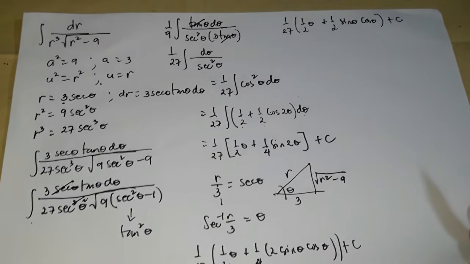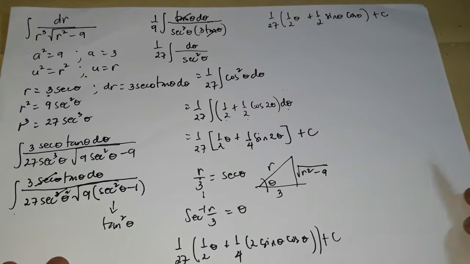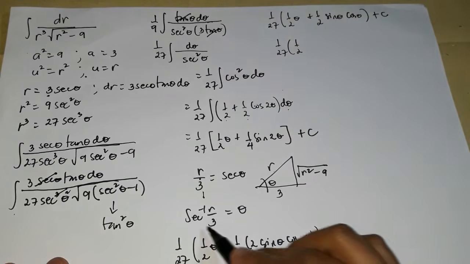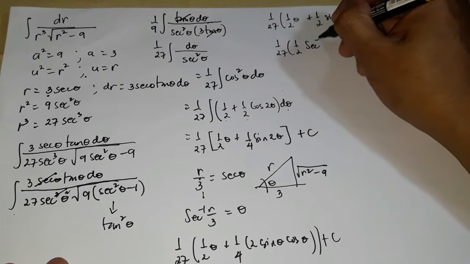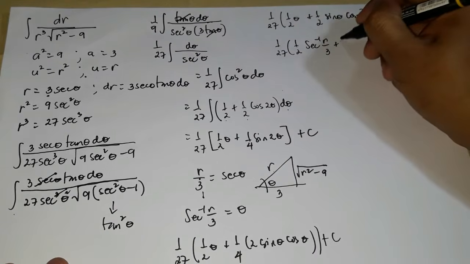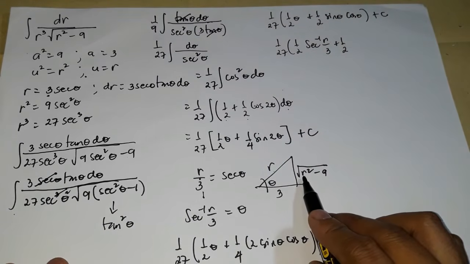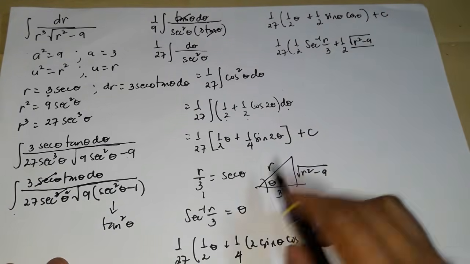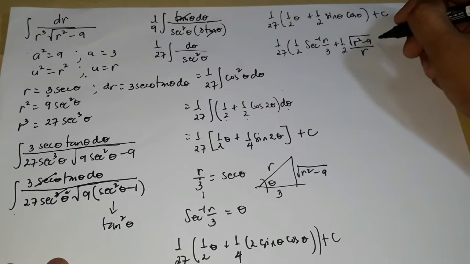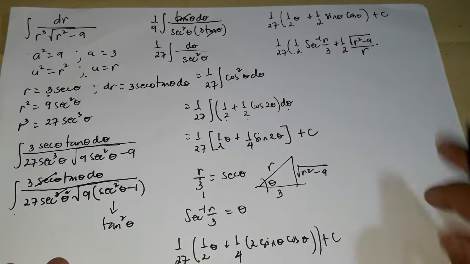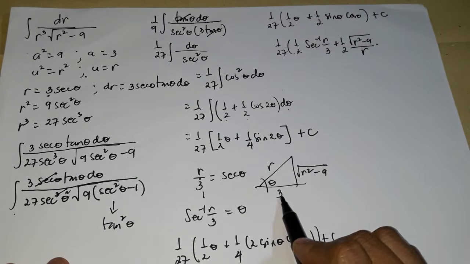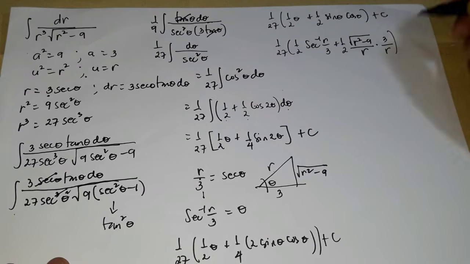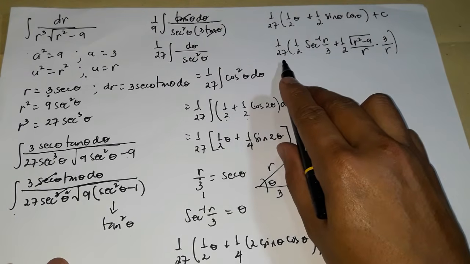So we now have 1 over 27 times 1/2 theta, where theta is arc secant of r over 3, plus 1/2 sine theta, which is opposite over hypotenuse, times cosine theta, which is adjacent over hypotenuse.